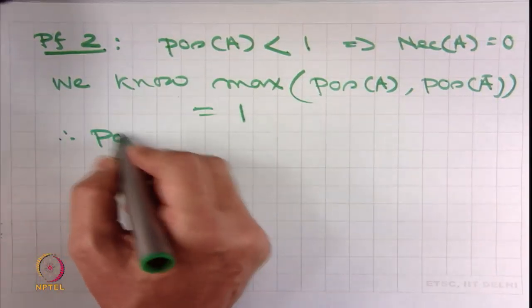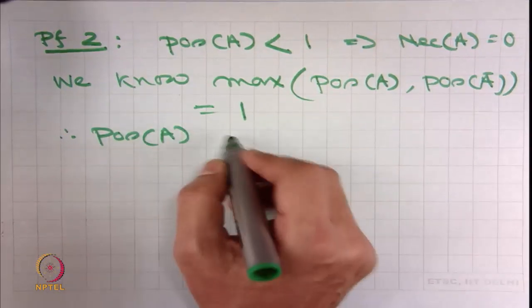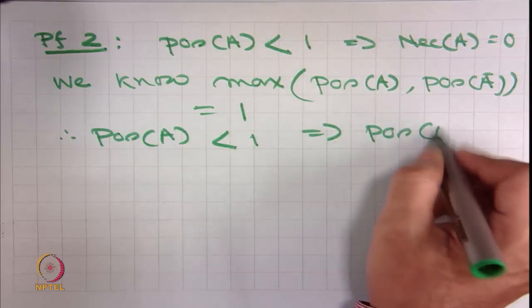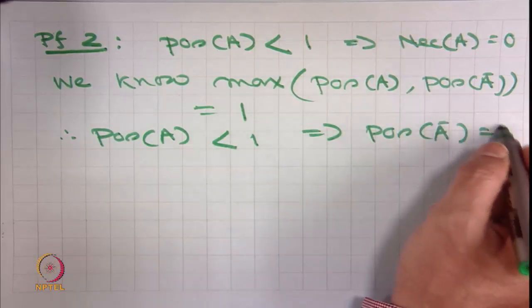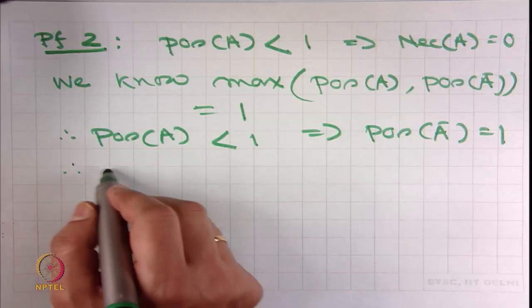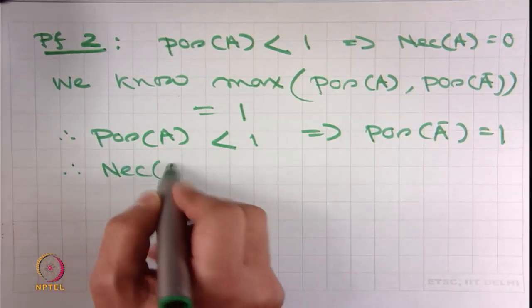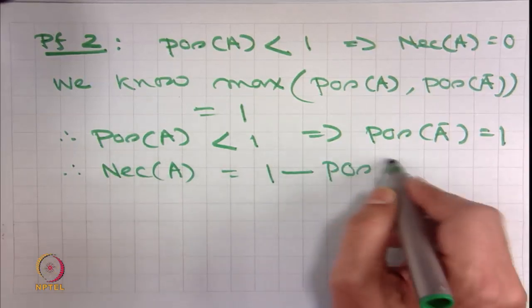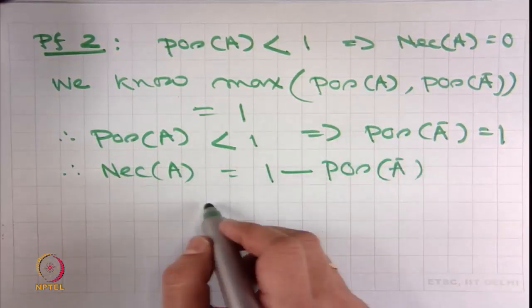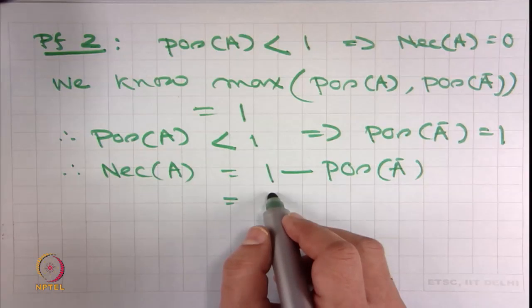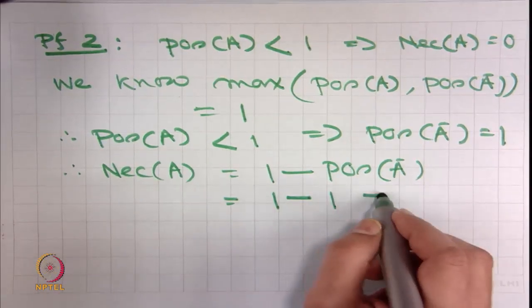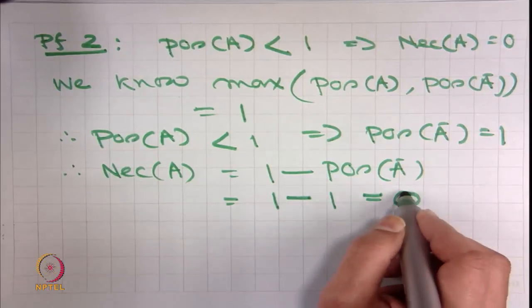Therefore, possibility of A less than 1 implies possibility of A complement is equal to 1. Therefore, necessity of A, which is defined as 1 minus possibility of A complement, is equal to 1 minus 1 is equal to 0.